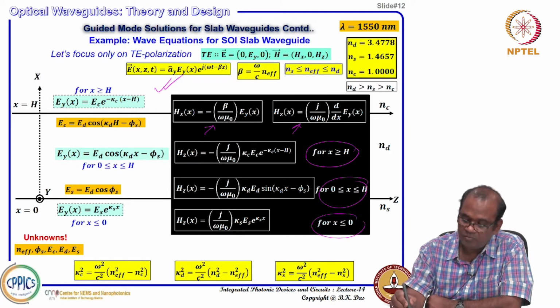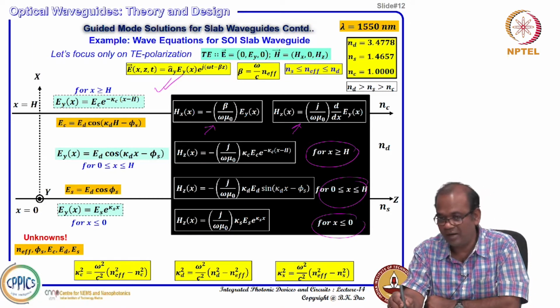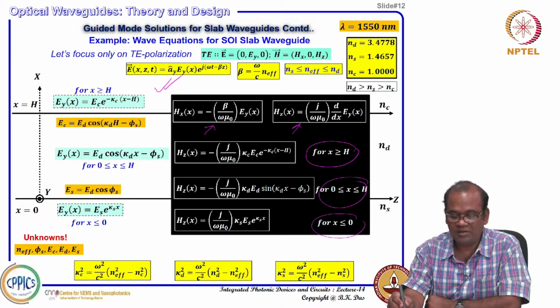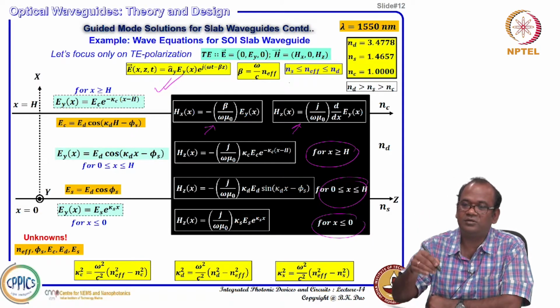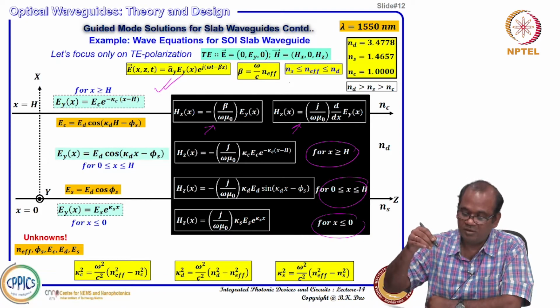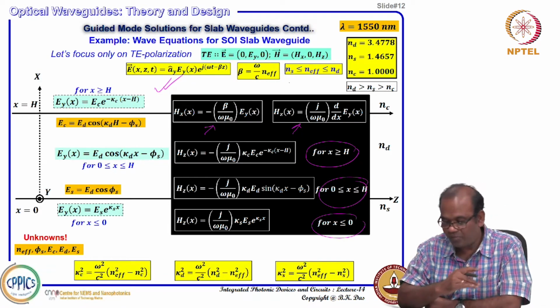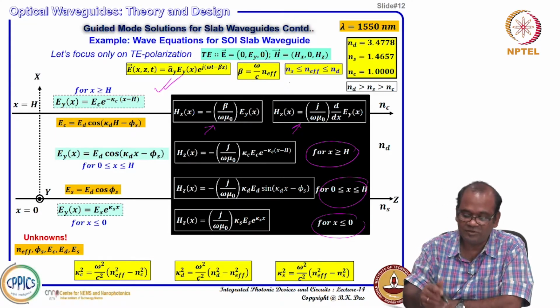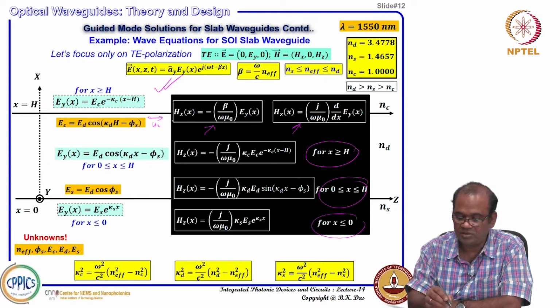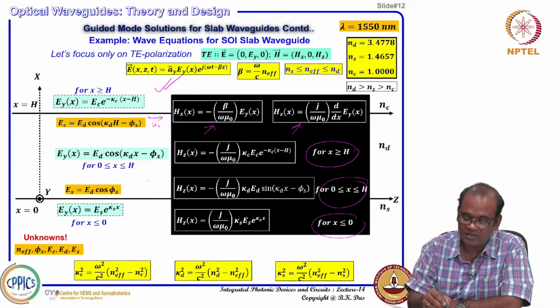Because out of the 2 components of the magnetic field, x component and z component, the Hz component is oscillating along z, that means along the propagation direction. That propagation direction is actually tangential to the interface. So, the Hz component will be oscillating in this direction, tangential to both interfaces.